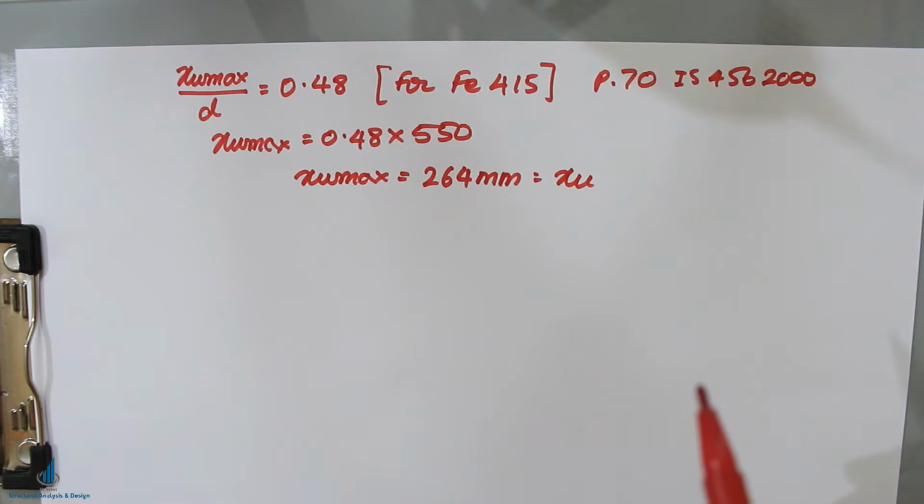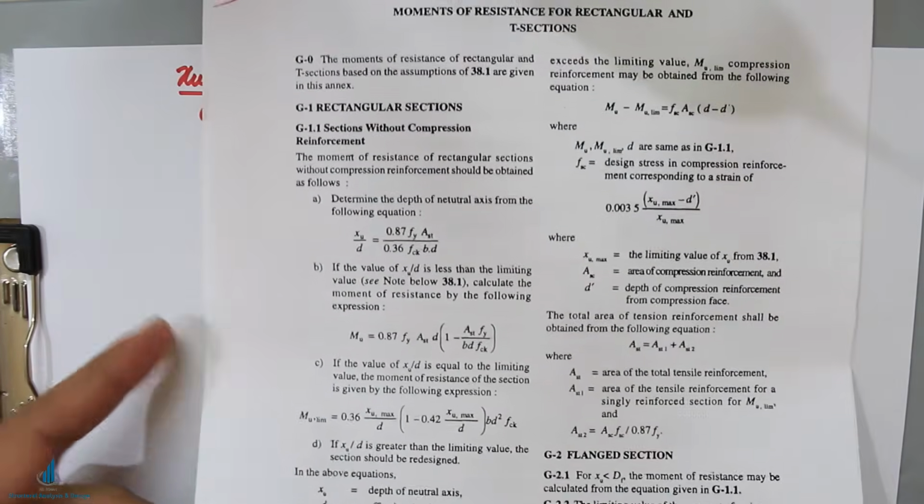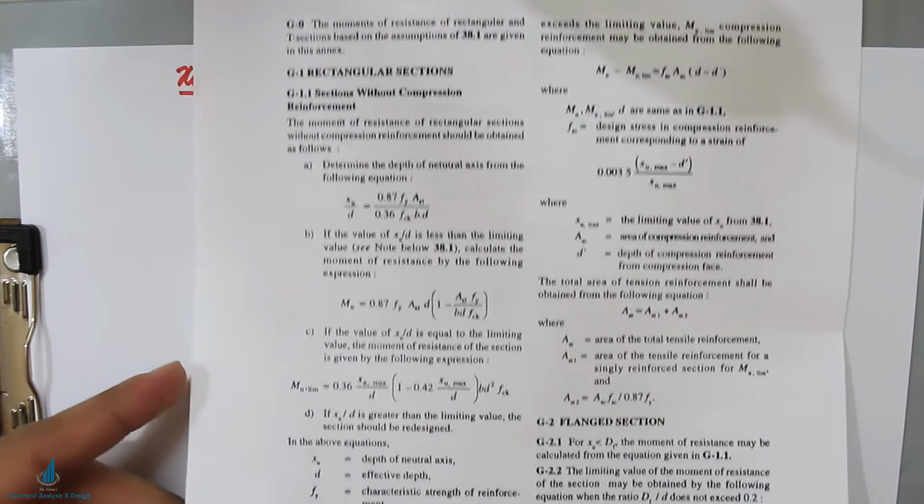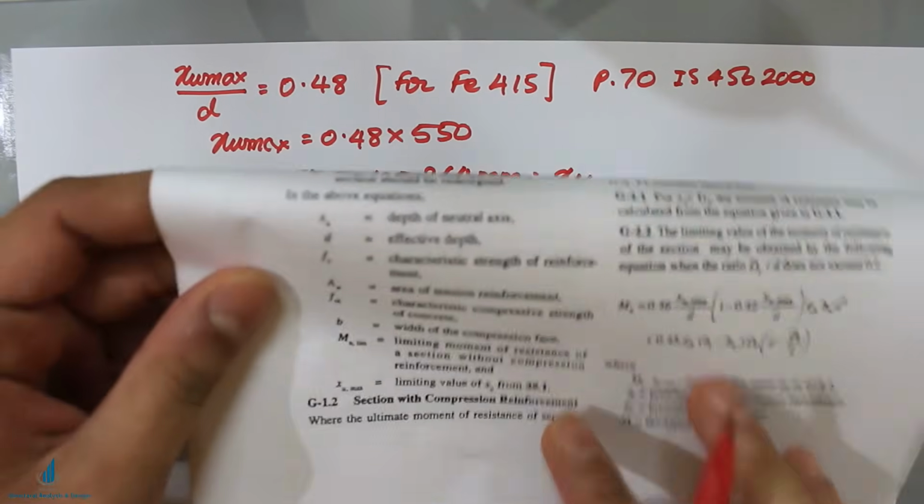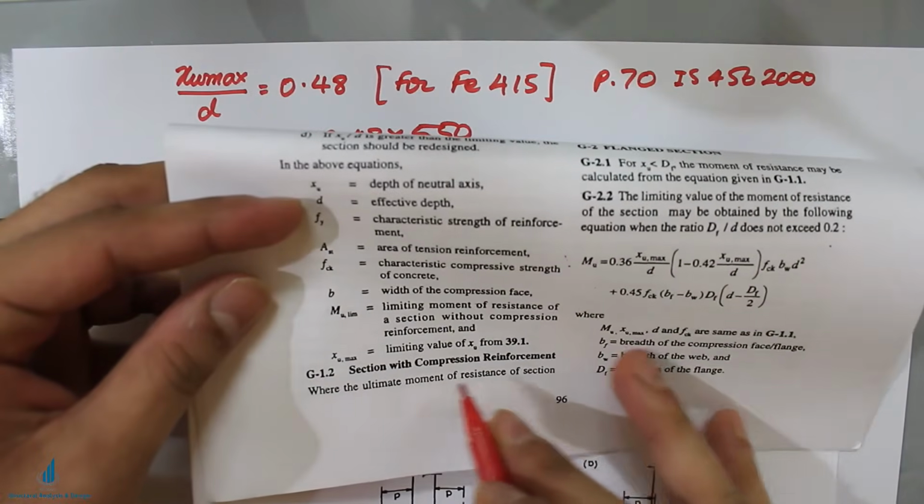Now what you have to do is find out Asc as well as Ast1 and Ast2. If you go to page number 96 of IS 456 2000, section G-1.2, they have given the section with compression reinforcement.